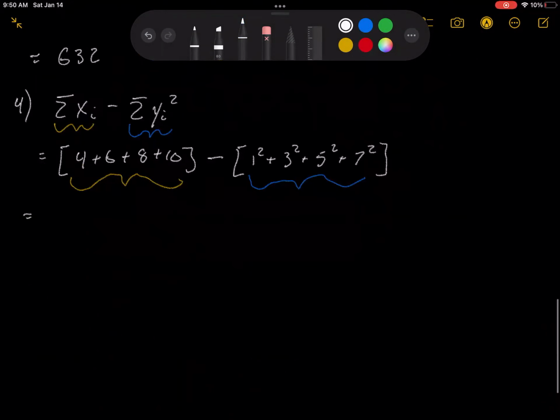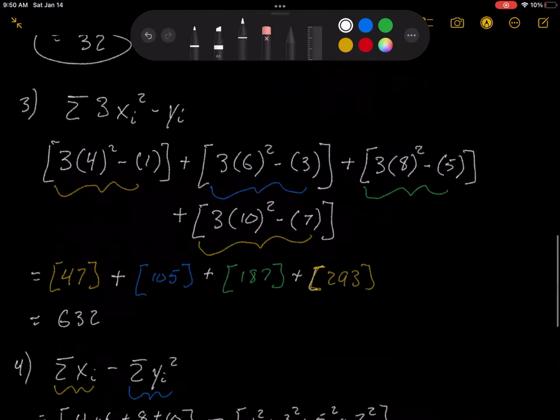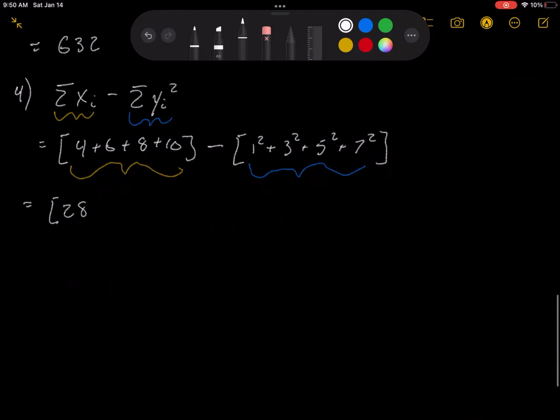All right, so what do we get? 4 plus 6 plus 8 plus 10. In fact, I think the sum of the x's is just number 1. All right, we got 28 for that. I subtract the sum of the y squareds. So let's figure out the squares first. Let's do it slow. I've got 1 plus 9 plus 25 plus 49.